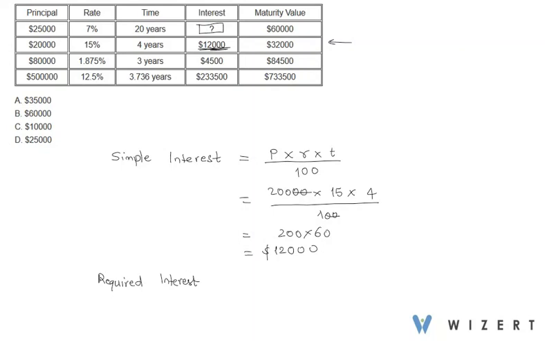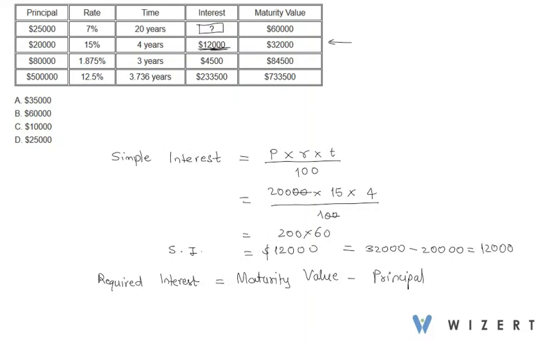So required interest will be equal to maturity value minus principal. Here interest was $12,000 and maturity value was $32,000. So required interest, that is 12,000, was nothing but 32,000 minus 20,000, which is equal to 12,000, right?